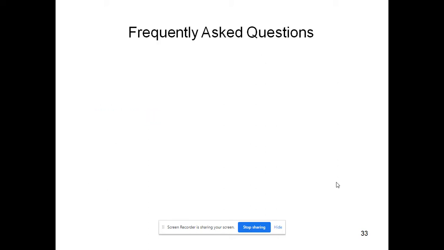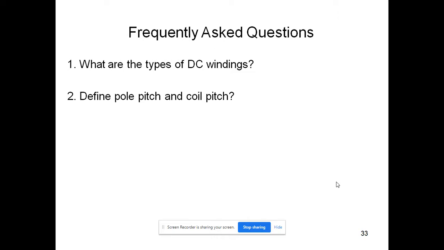Let us see some of the frequently asked questions in this topic, that is important terms and types of windings and the comparison. In this way, the questions will be, what are the types of DC windings? Define pole pitch and coil pitch.